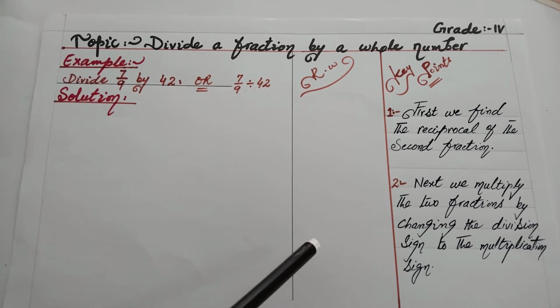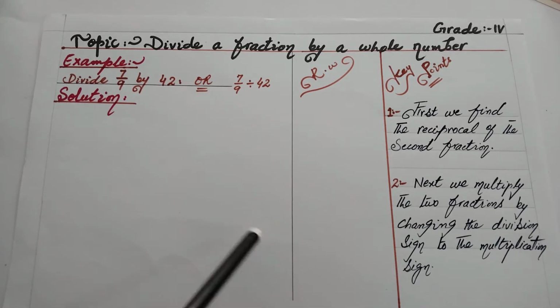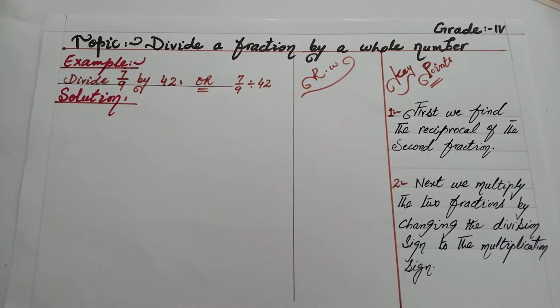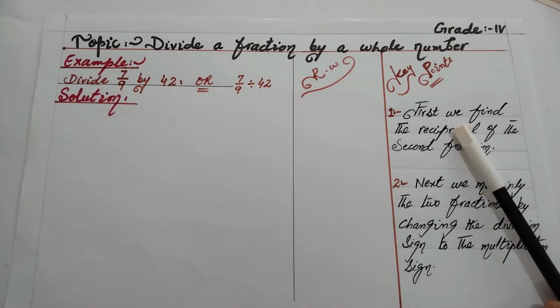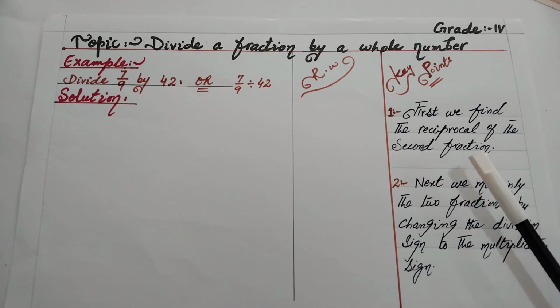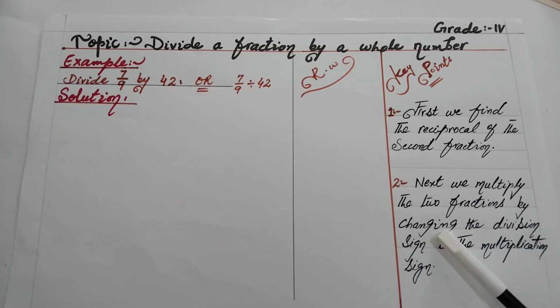Okay, there are two steps to follow for this topic. Step number one is, first we find the reciprocal of the second fraction. Second step is, next we multiply the two fractions by changing the division sign to the multiplication sign.